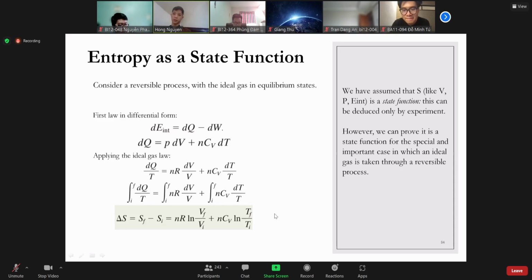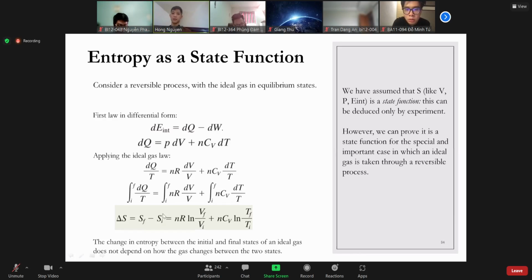And you can also remember this formula for us to apply when we calculate the change in entropy for both reversible and irreversible processes, because for irreversible processes, we still have to find a way to replace it with a reversible process having the same initial and final state. Good.